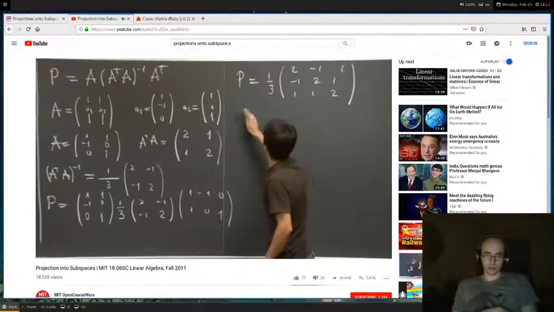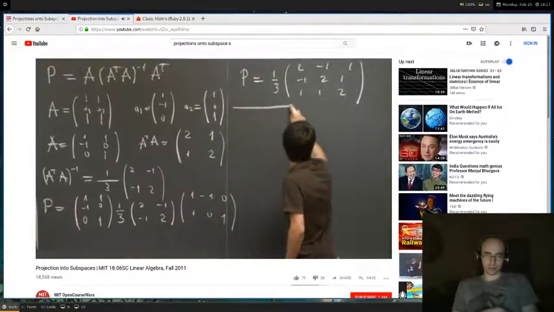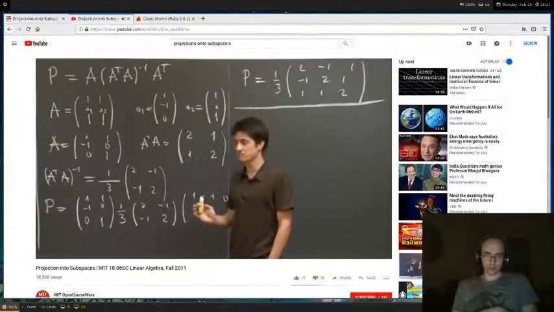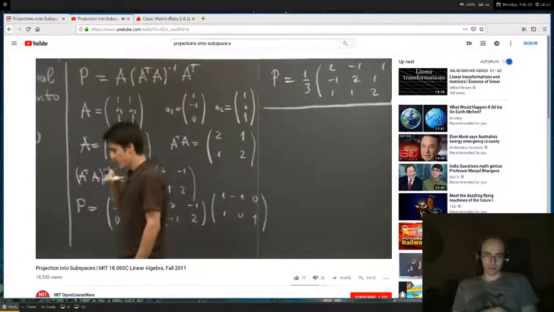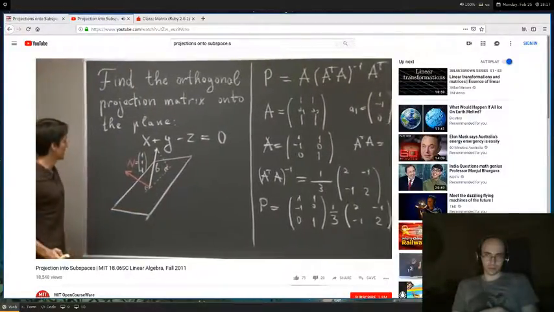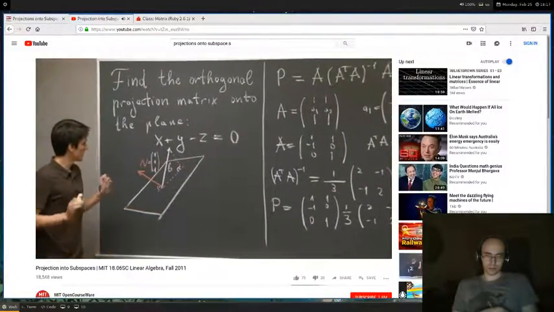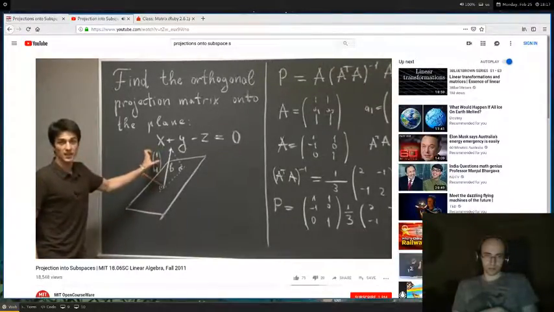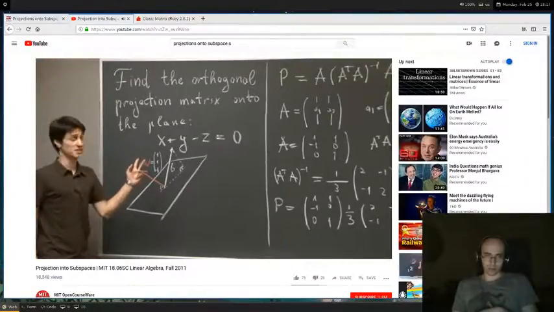So let's see what would be an easier approach. Well, let's go back to the sketch here. And let's make the following observation, that any vector is a sum of 2 components.